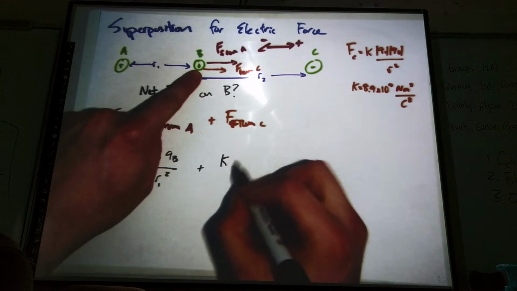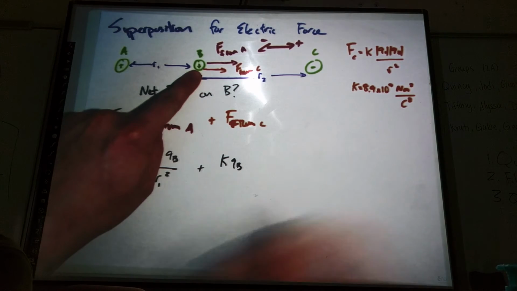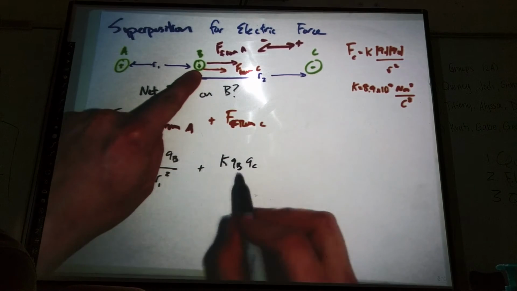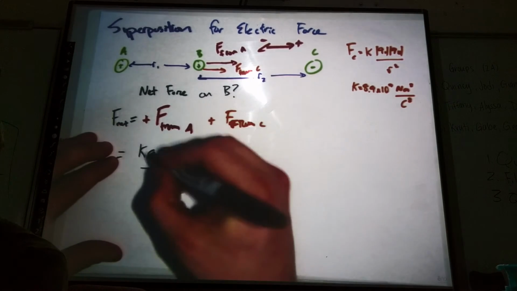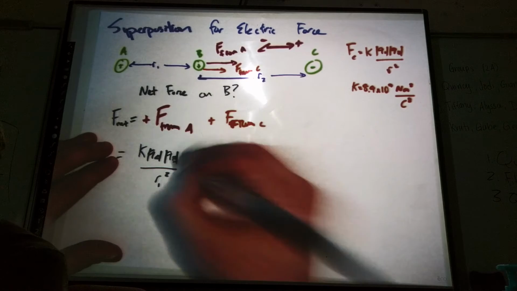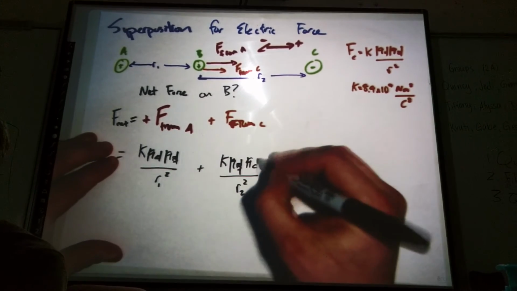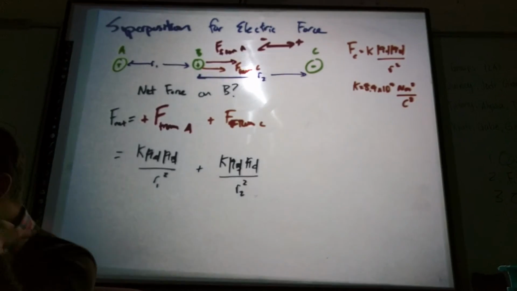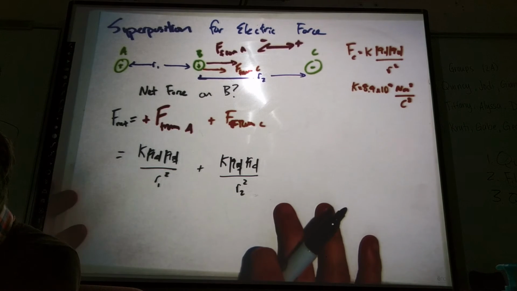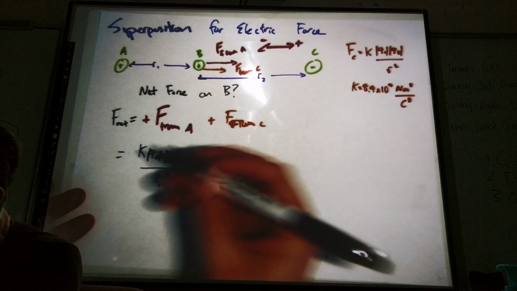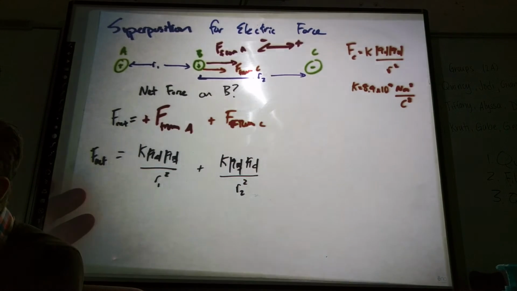So this is K times the charge on B times the charge on C all over R2 squared. And remember, these charges are in absolute values. It's the magnitude, not the actual positive or negative value that matters in our problem solving. Okay, and that is all equal to the net force on B.